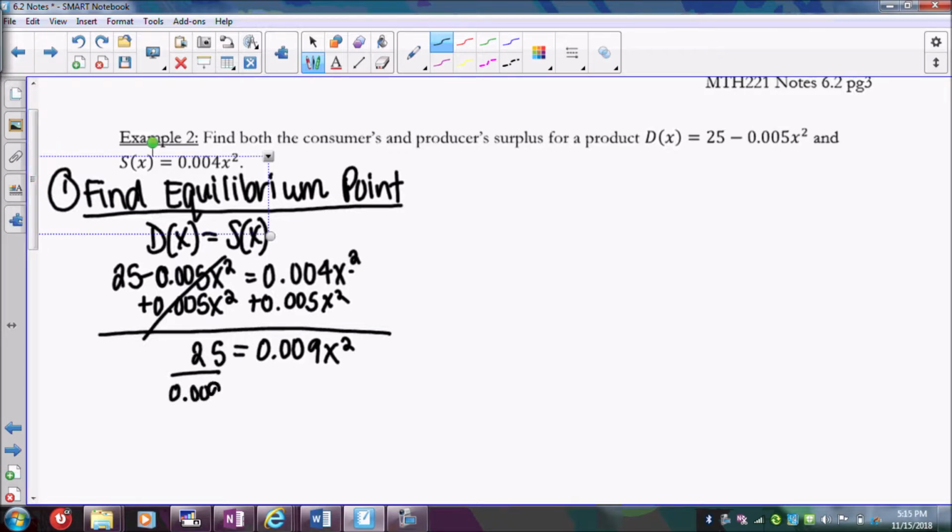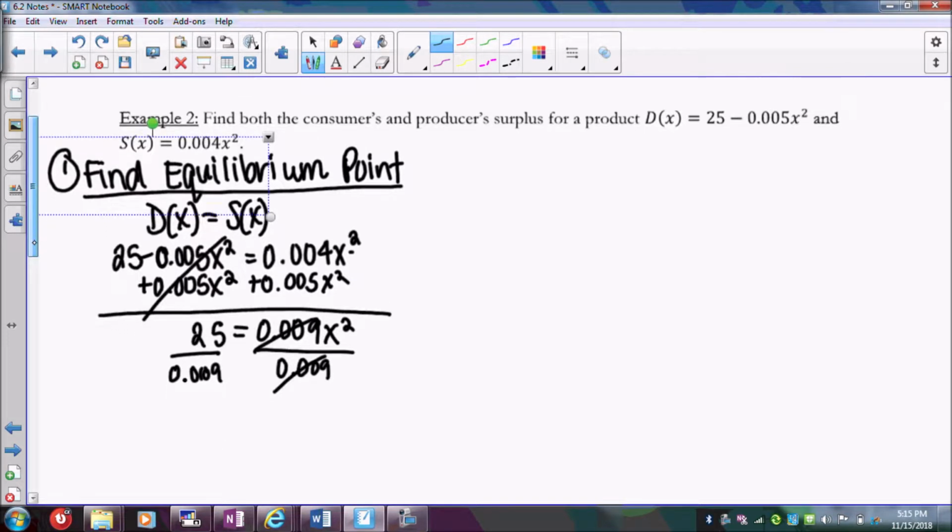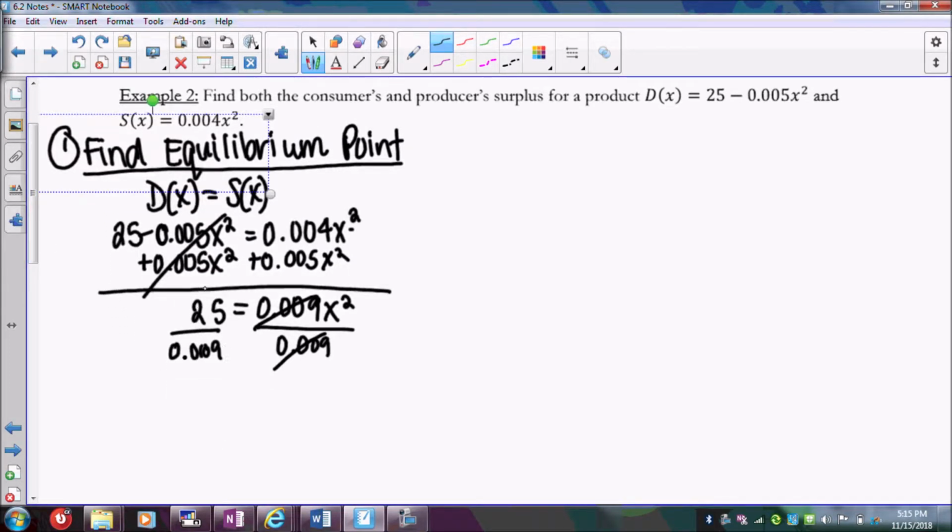And then we can take a look and see if we could factor it. Or since it's just an x squared, since it's just going to be an x squared equal to a number, I can just use the square root method, because if you look at this fraction, you're not going to want to try to factor that.